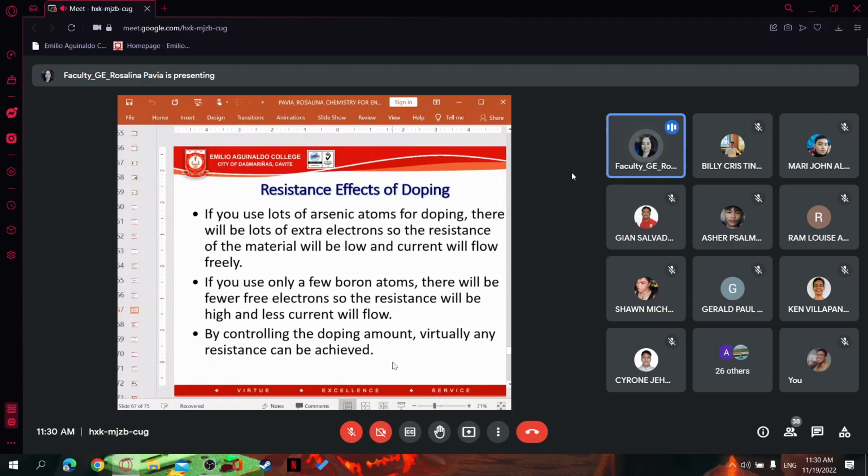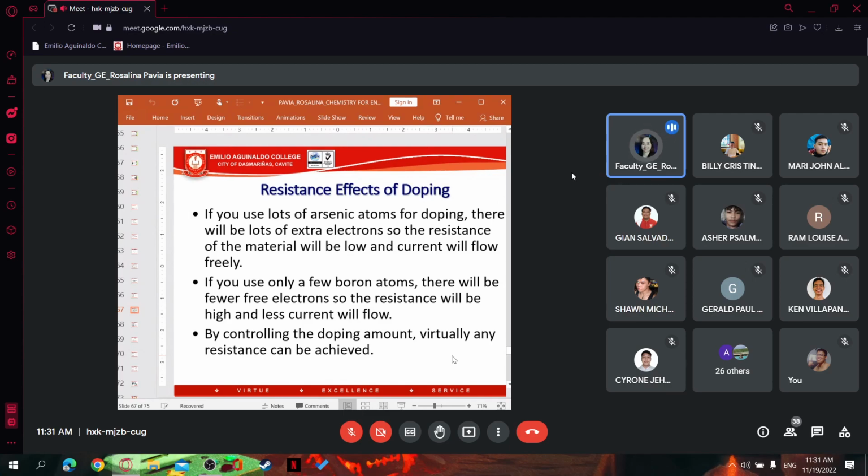Okay, got it, Mr. Villapando? Yes po, ma'am. So if you control the doping amount, virtually any resistance can be achieved. By the way, class, with regards to electric current or electricity, which is the flow of electrons, in the house we have a circuit, right? Circuit diagram.